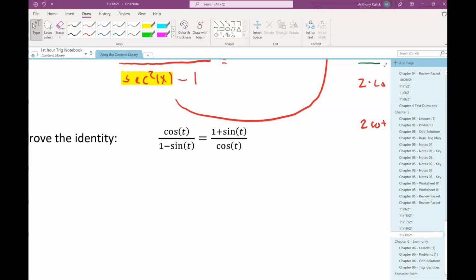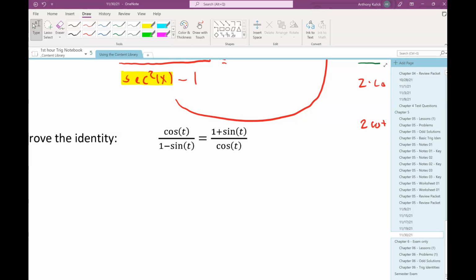So, okay, maybe we go look for an identity. Is there any way to turn cosine, regular old cosine, into an addition problem? No. Is there any way to turn 1 minus sine, a subtraction problem with a degree 1, into a single thing? No. Ugh.